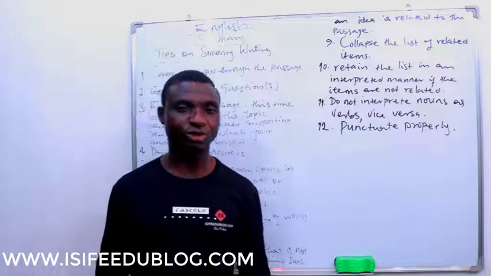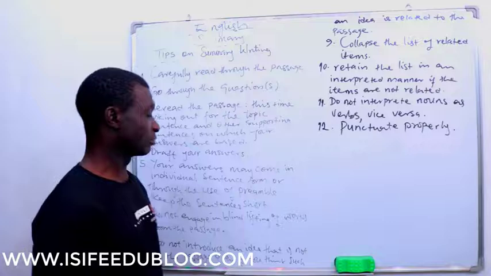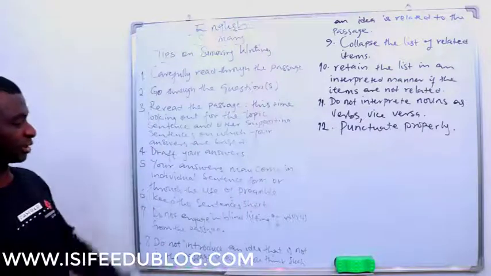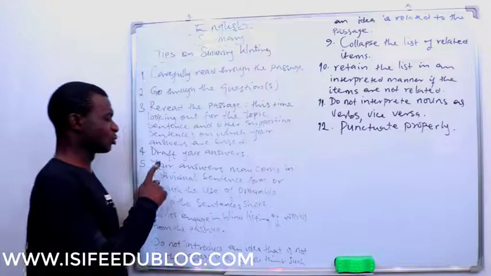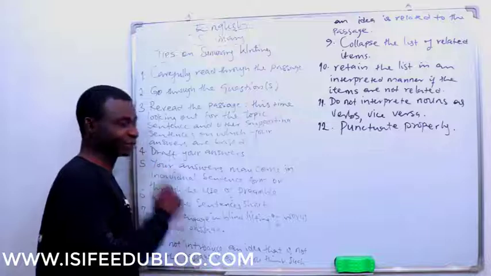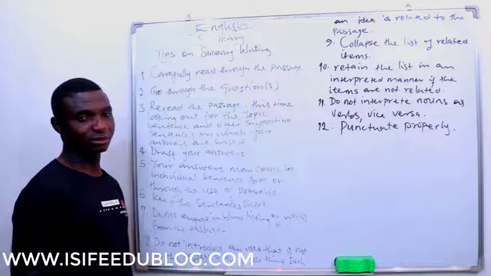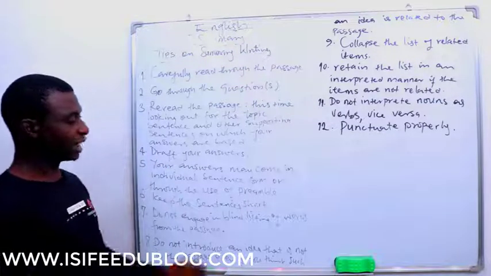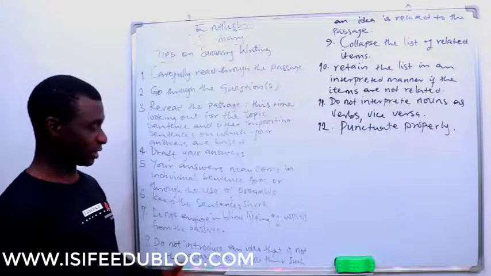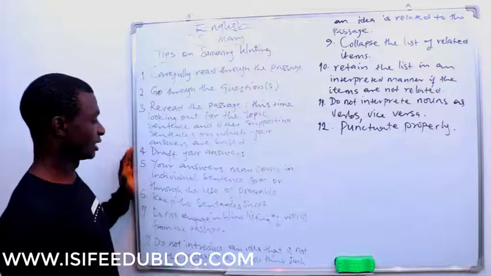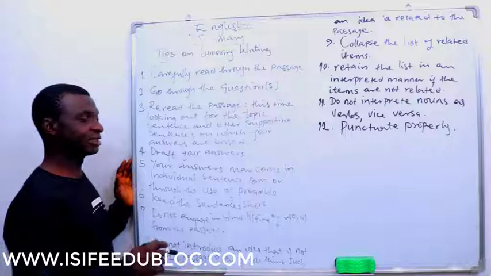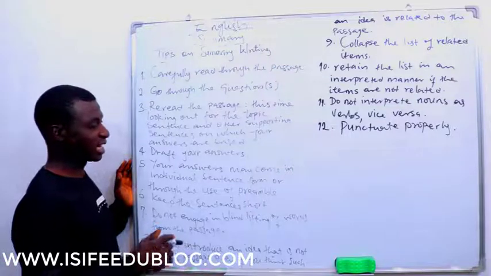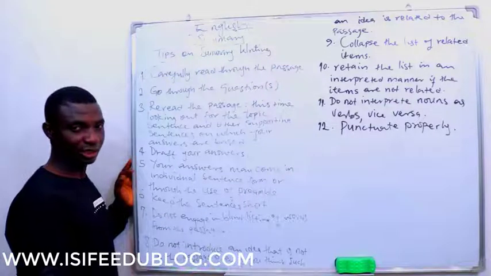So don't rush to submit your work or summary without proofreading it. And to proofread, you have to have a draft. So, draft your answer or answers. Then look at the drafted answers to see what mistakes you made and what could be corrected.